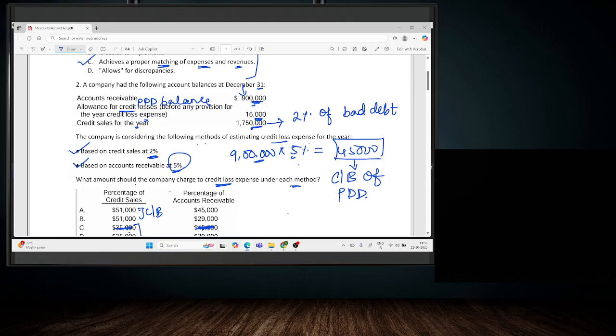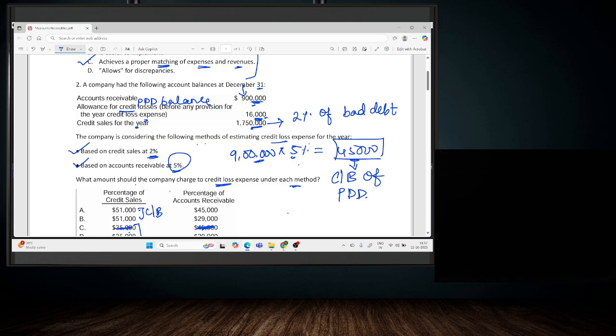What does it mean? It means that at the end of the year, that is on 31st December, the company should have 45,000 rupees of provision for doubtful debts in their balance sheet. But how many rupees are they already having? They are already having only 16,000. So totally they need 45,000 as the closing balance.